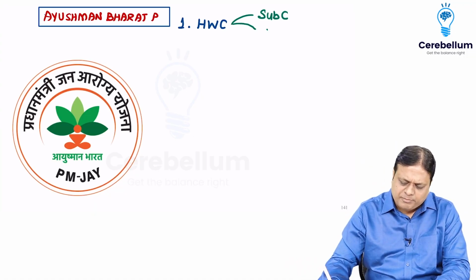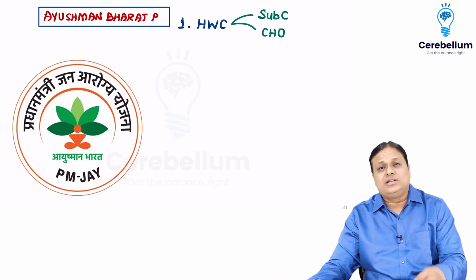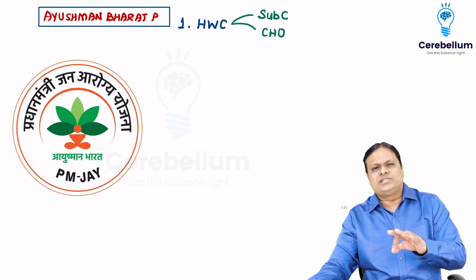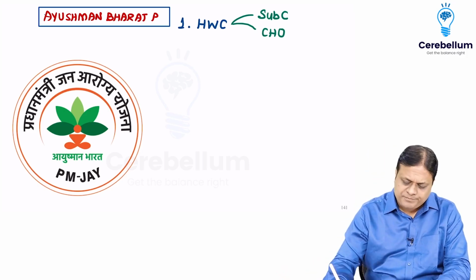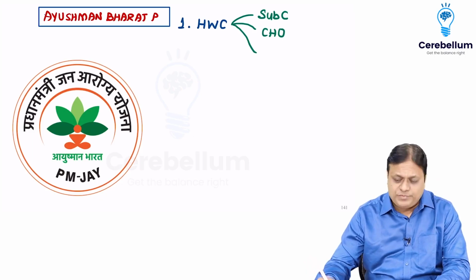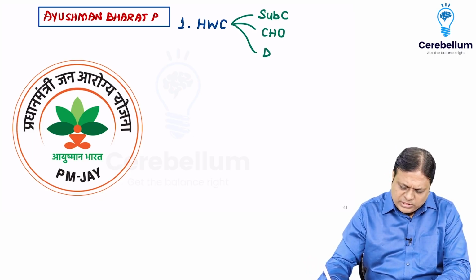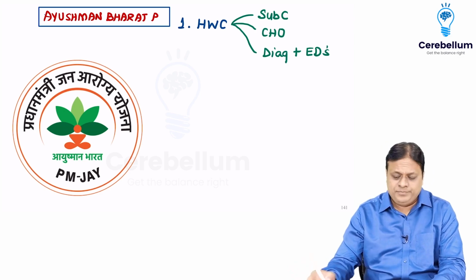This is to be manned by a community health officer, a BSc nursing graduate, and somewhere Ayurveda doctors have also been roped in. And here there will be a provision of all the required diagnostic services and essential drug supply.